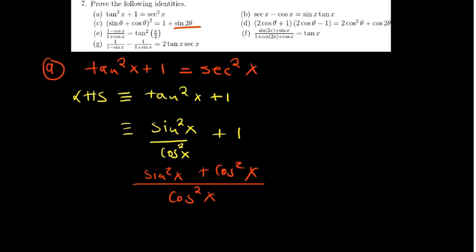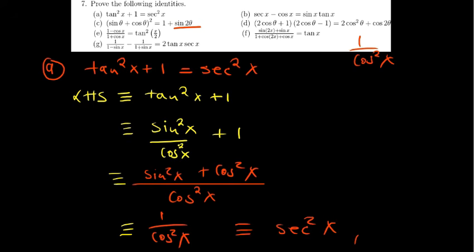Now remember, our goal is that since we have sec squared of x, which is 1 over cosine squared of x, we just want to remain with a 1 on top. Already this is clearly showing that sine squared plus cosine squared gives us a 1 by itself if you add the two. Remember, that is the first identity I gave you, which is now identically equal to sec squared of x.